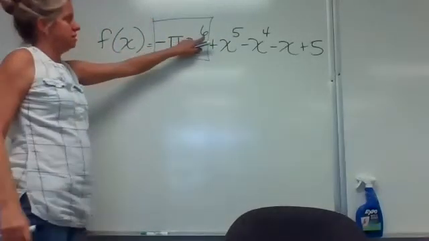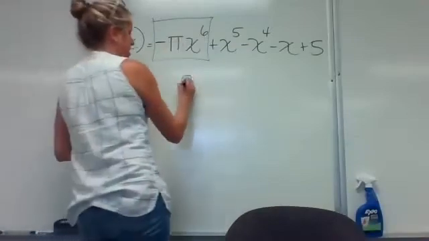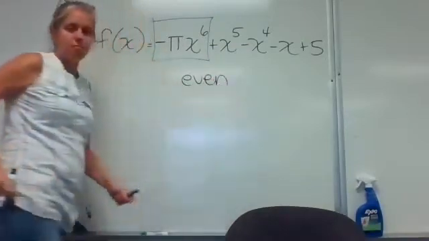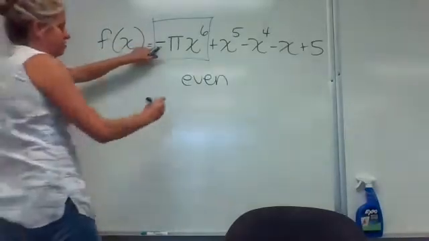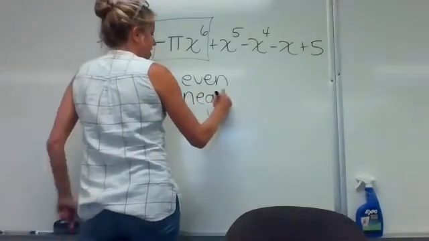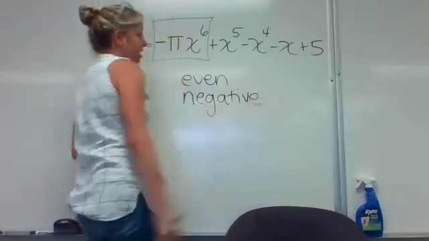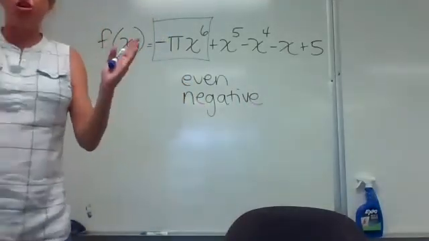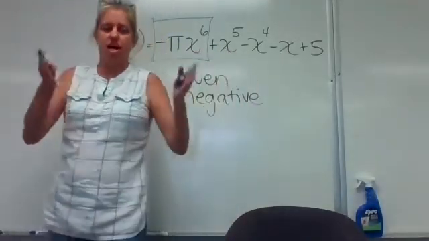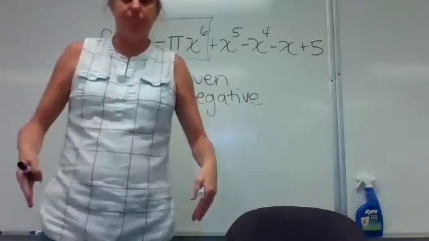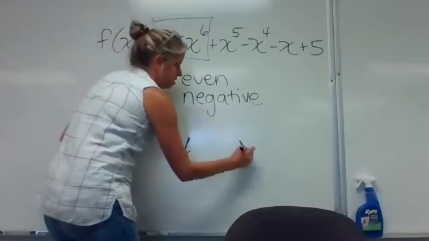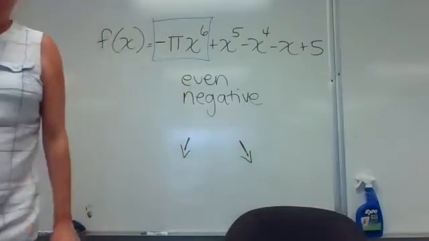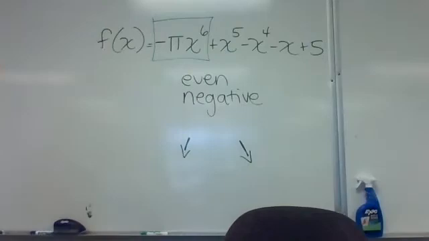This time, the exponent is even, and the term does have a negative in front of it, so it is even and negative. Even always means your end behavior is going to be the same on both sides, either both up or both down. But if it's even and negative, they are both going to be pointing down.